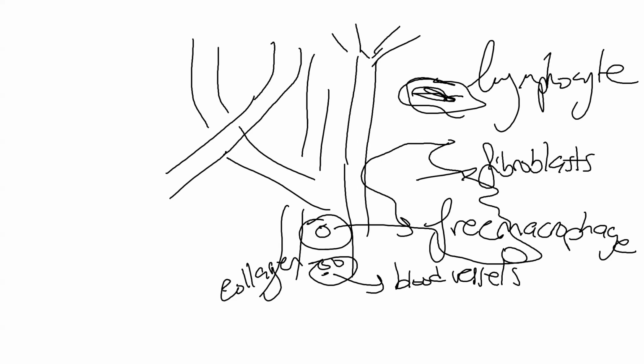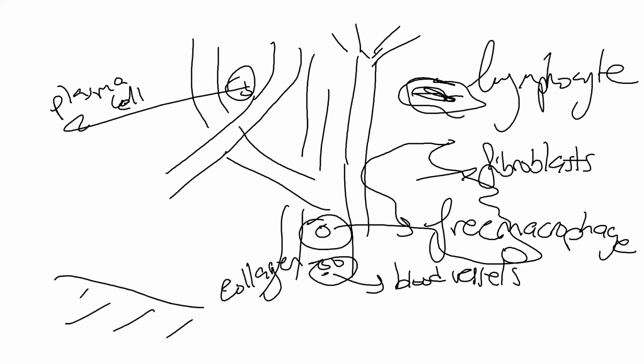And here we will have a plasma cell. So inside this connective tissue, we're gonna have different kinds of immune cell types. Here we have a ground substance.